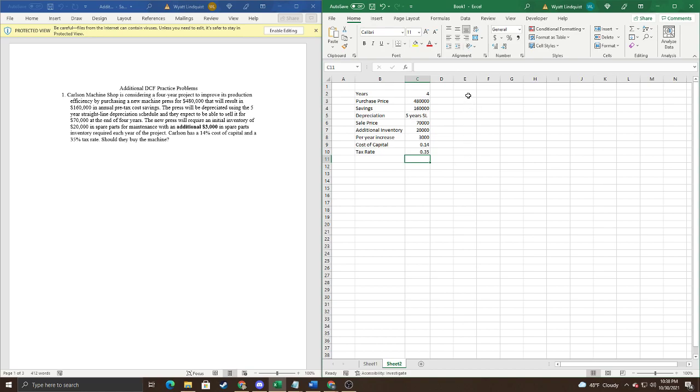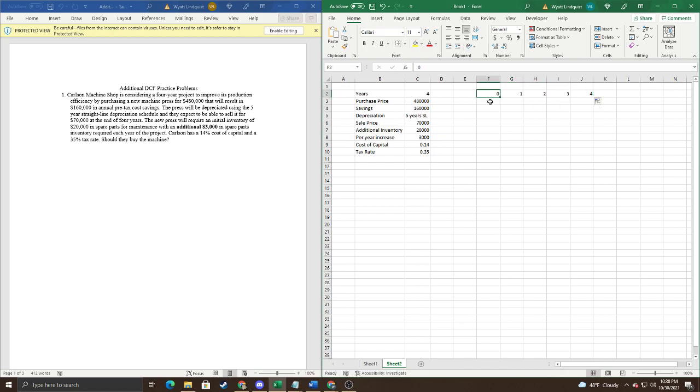Now, to get started on this, we're going to kind of outline the income statement, or technically it's not really an income statement, but we're gonna use it like this anyway. So we're gonna go in years 1 through 4, or 0 through 4.